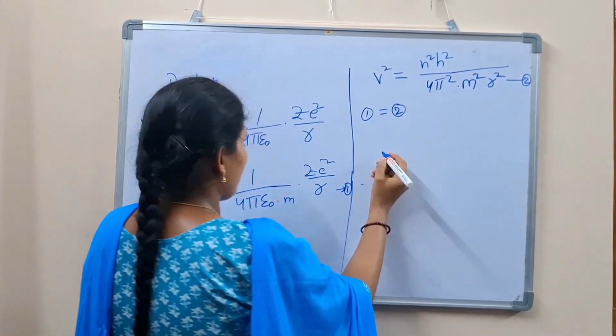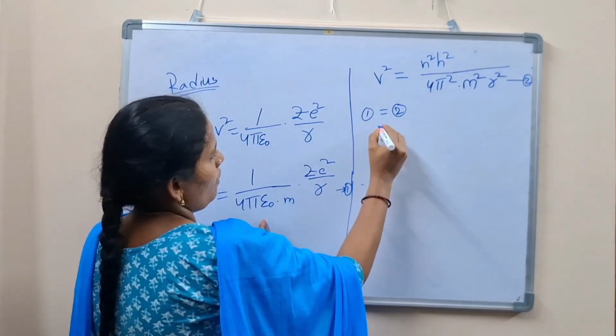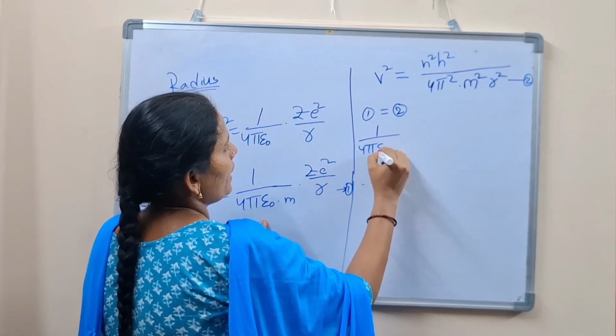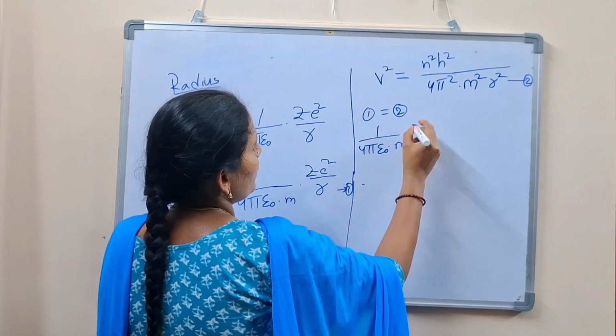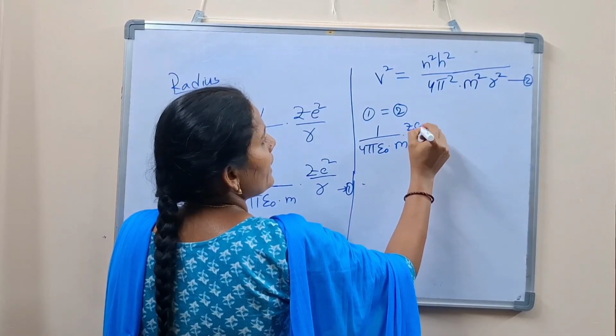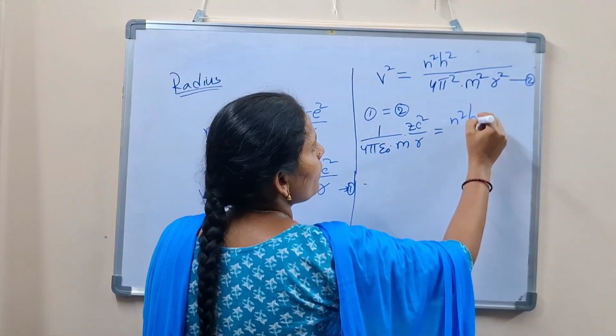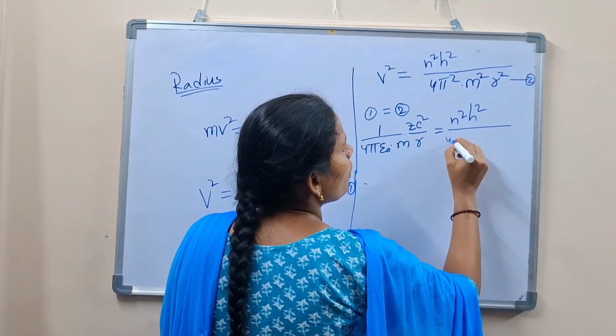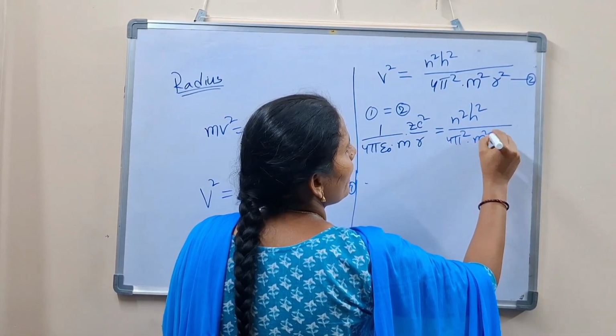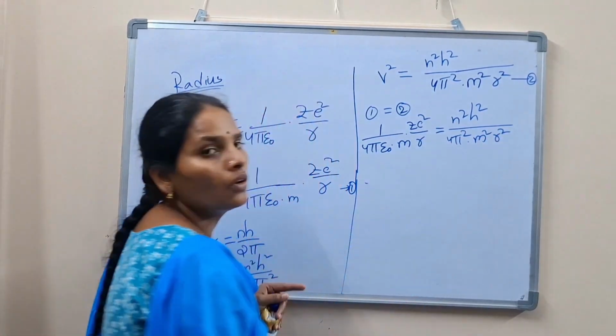Okay, let's see what is happening here. 1 by 4 pi epsilon naught into m into z square by r equal to n square h square by 4 pi square m square r square.